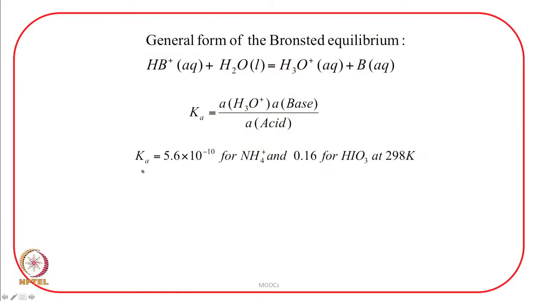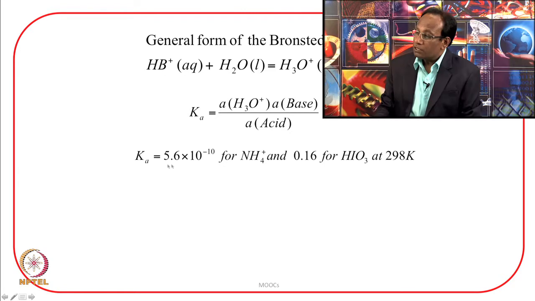Let us take a look at the slide. The value of the acidity constant for the ammonium ion is 5.6 × 10^-10, and the value of Ka for HIO3 is 0.16 at 298 Kelvin.